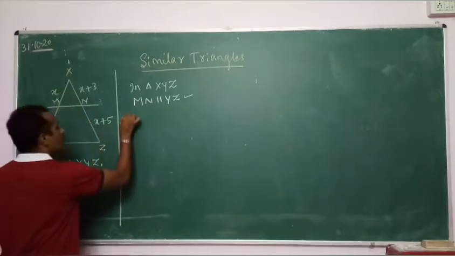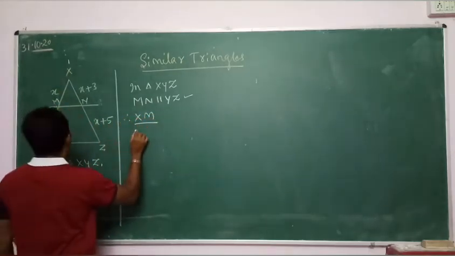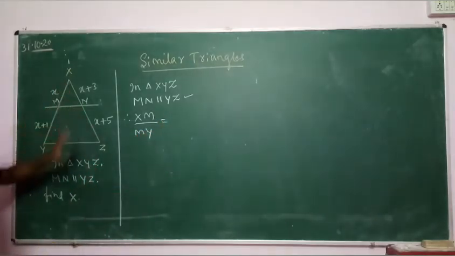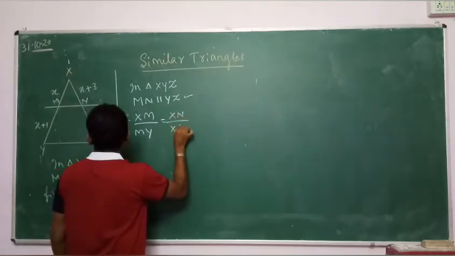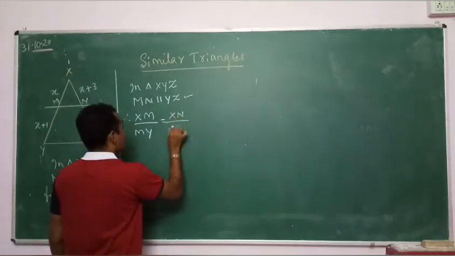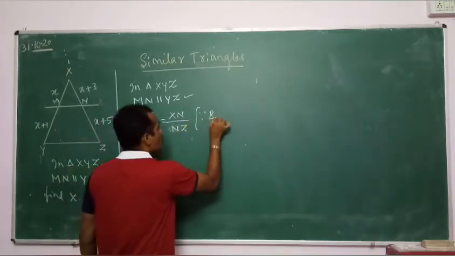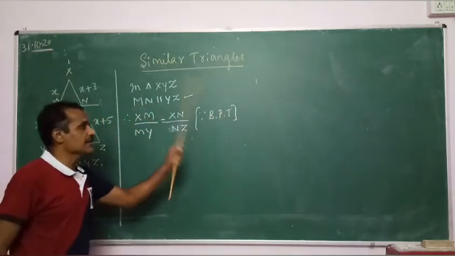Come on. And MN is parallel to YZ. I can write, therefore, XM divided by MY is equal to XN divided by NZ. This is because of, in short, BPT, मतलब basic proportionality theorem.